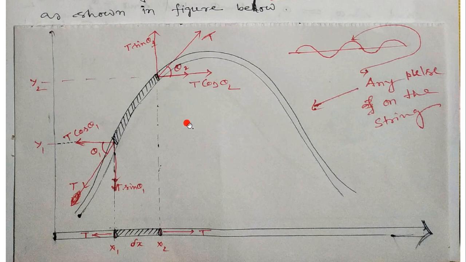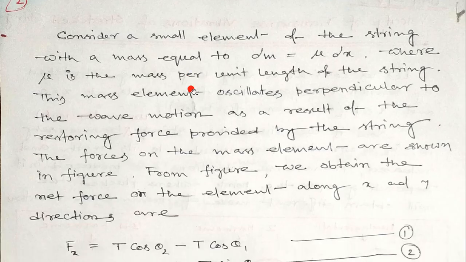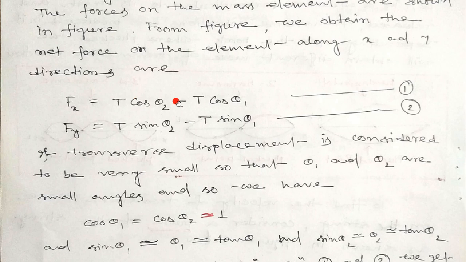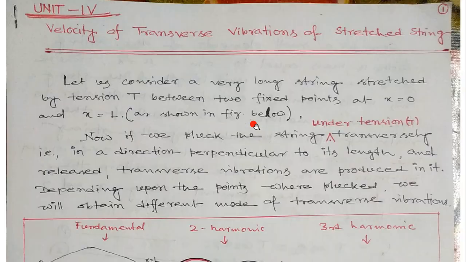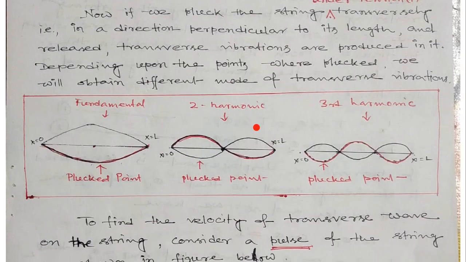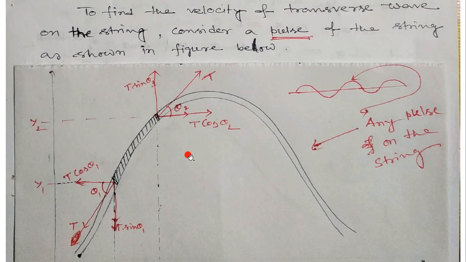The total x and y directional force on the elemental length will be T cos theta 2 minus T cos theta 1 along the x direction and T sin theta 2 minus T sin theta 1 along the y direction. You see here.